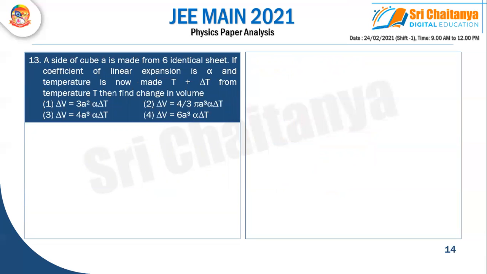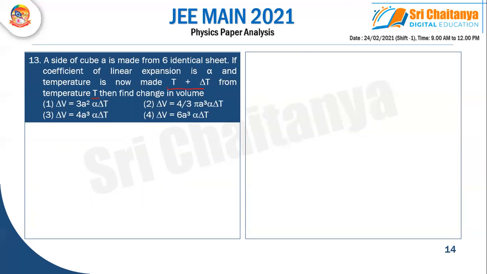In the next problem, a cube of side A is made from 6 identical sheets. The coefficient of linear expansion is alpha, and the temperature is changed from T to T plus delta T. Find the change in volume.